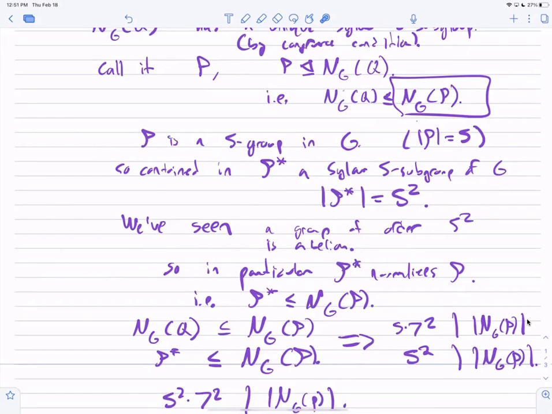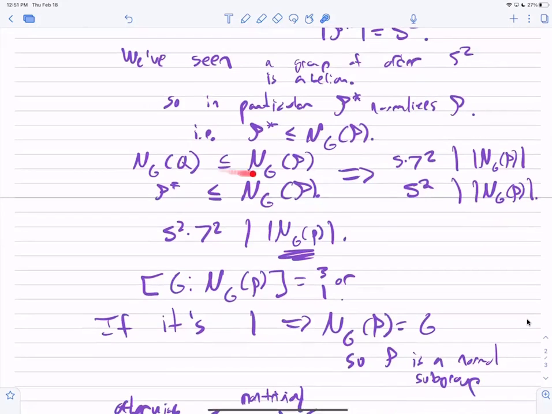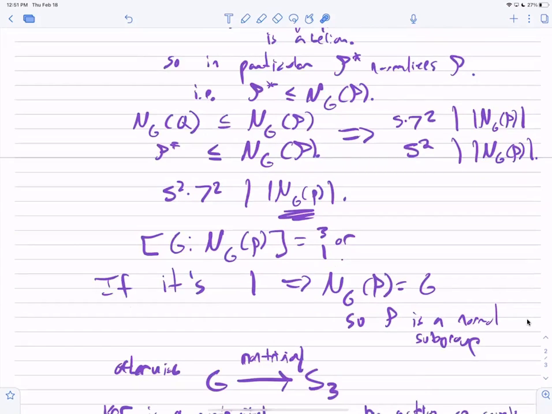So it's contained in the normalizer of P. And then we just did basic Lagrange's theorem to deduce that the order of this group is very large, at least 5 squared times 7 squared. So its index is very small, either 3 or 1. If it's 1, then sorry, P was a normal subgroup of order 5.